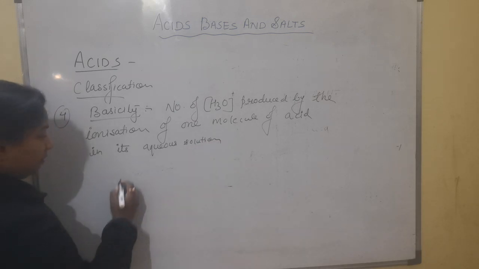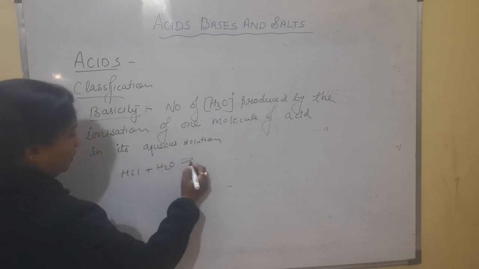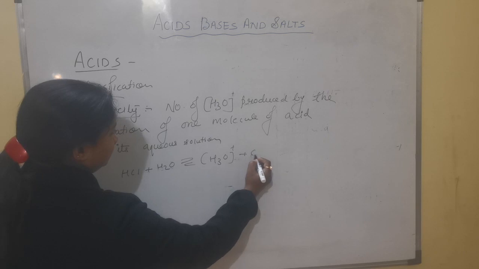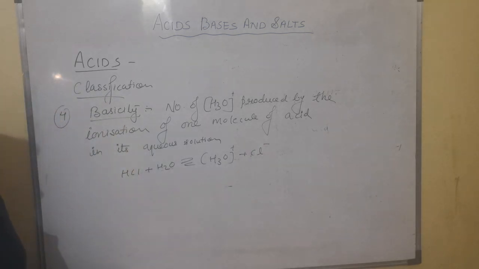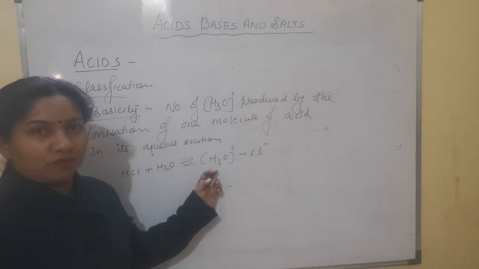Let's take some examples, like HCl in aqueous solution. You can see here that one molecule of hydrochloric acid is giving one hydronium ion.